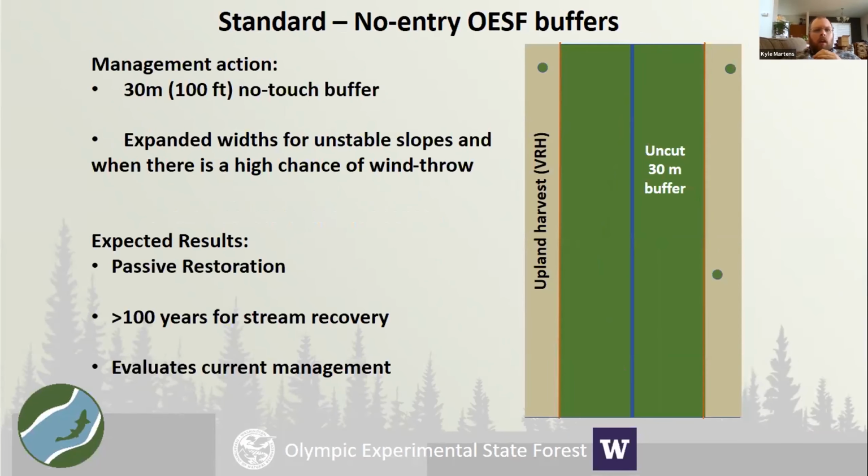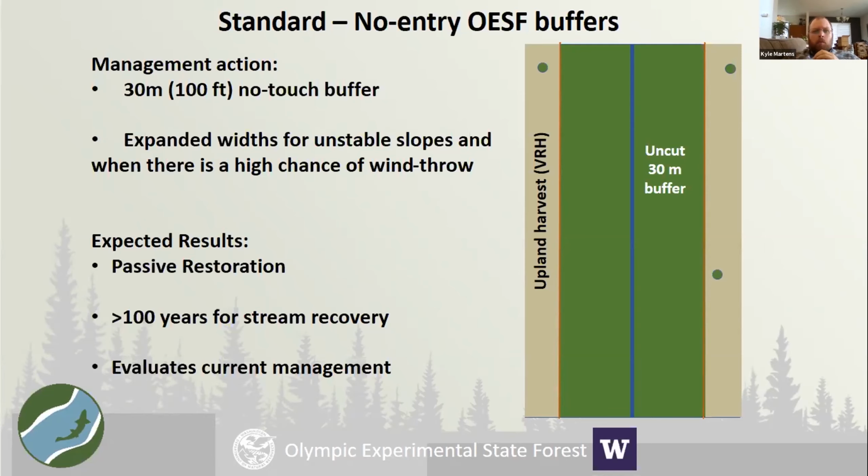Our next treatment is the OSF management treatment. First thing I want to mention is that our forest land plan actually allows for many different types of treatments that can be done. This is just one of the more common ones that's been done in the past. And what we're calling this is our 30-meter or 100-foot no-touch buffer. We had to standardize this for the sake of the experiment, as we just couldn't do too many prescriptions because we'd have to test them all differently, and we just had a limited amount of resources.